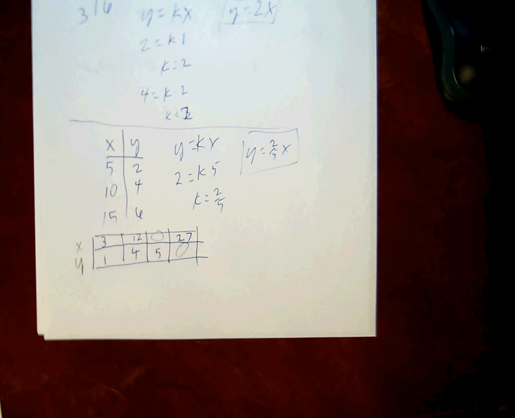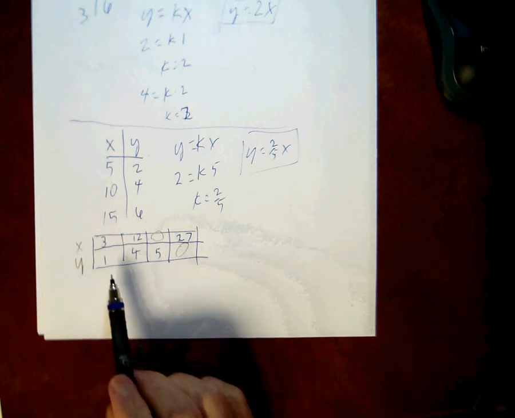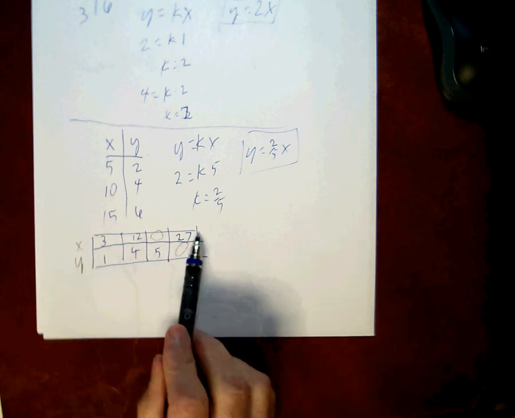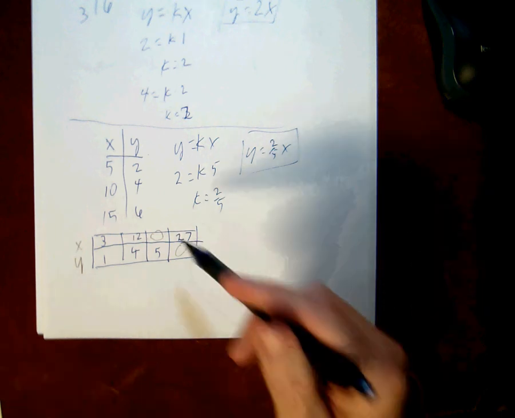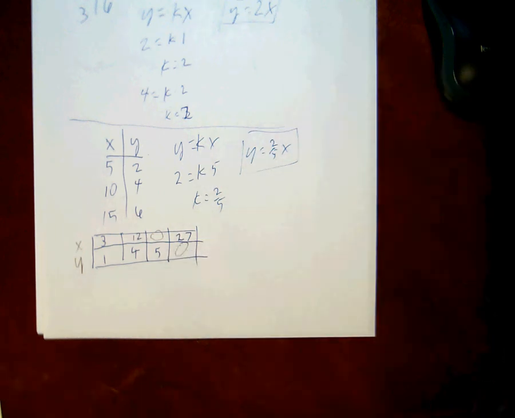So how do you do that? Well, the first thing you have to do is identify that this actually is direct variation. Because if you look, these are increasing, these are increasing. Since everything's increasing, this is direct variation. And if it's direct variation, you can go through and figure out each part.